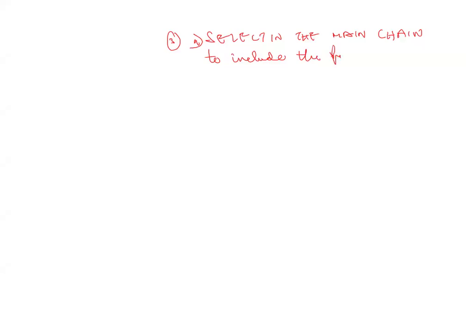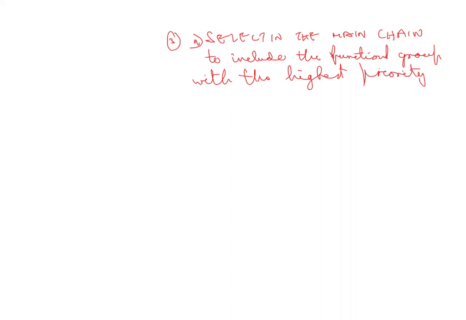the functional group with the highest priority order. Okay, that main chain, this is useful if you have two functional groups that are the same, but that should include the maximum possible number of double or triple bonds.